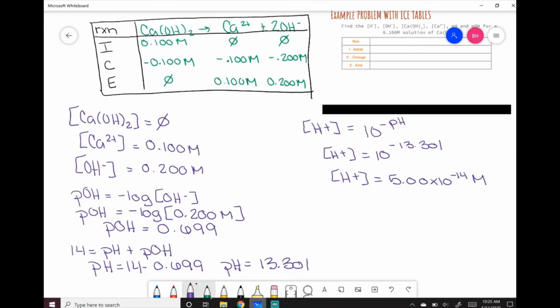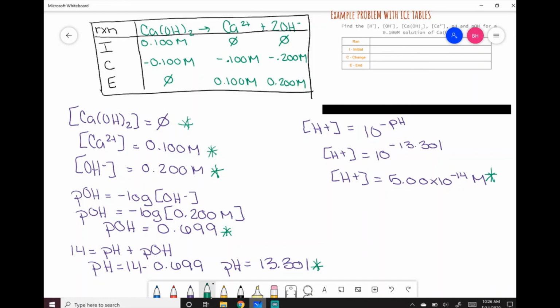So those are all my variables. I have the concentration of my calcium hydroxide, my calcium ion, my hydroxide. I have my pOH, my pH, and the concentration of my proton.